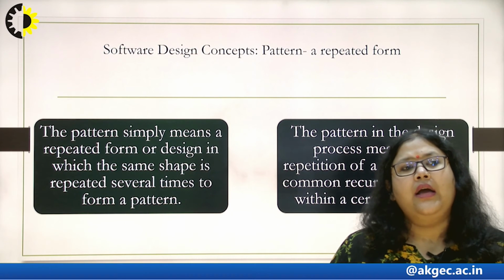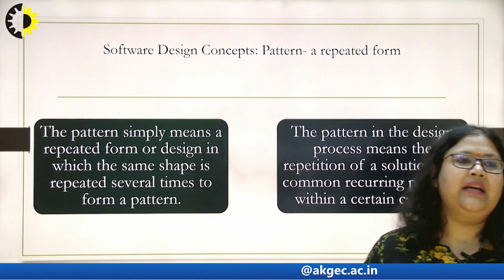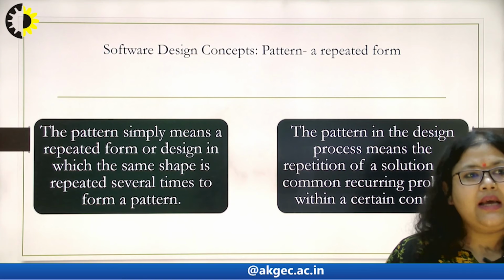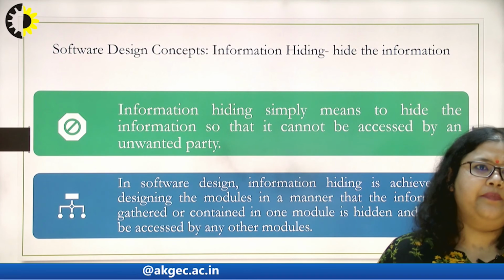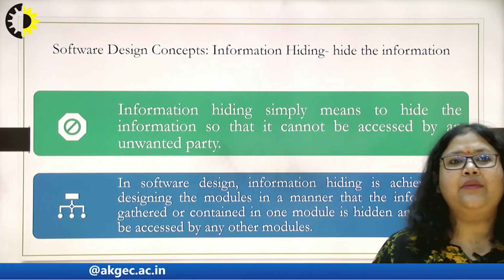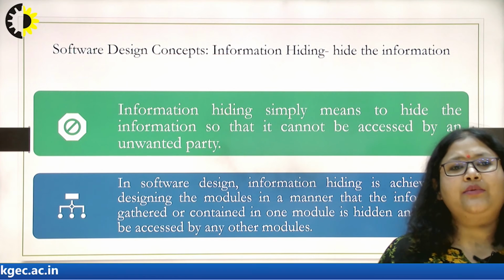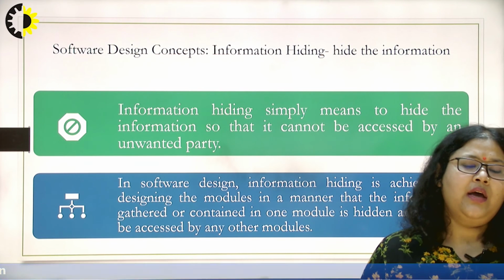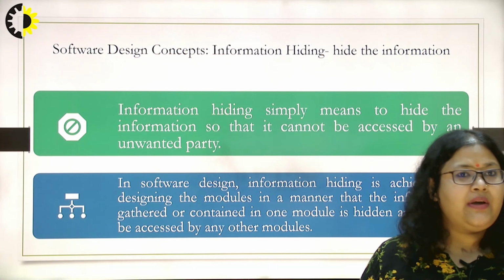The pattern simply means a repeated form or design in which the shape is repeated several times for a defined pattern. Now the next topic is information hiding, that is, hiding the information. Sometimes we have to hide something to maintain the quality of the software.